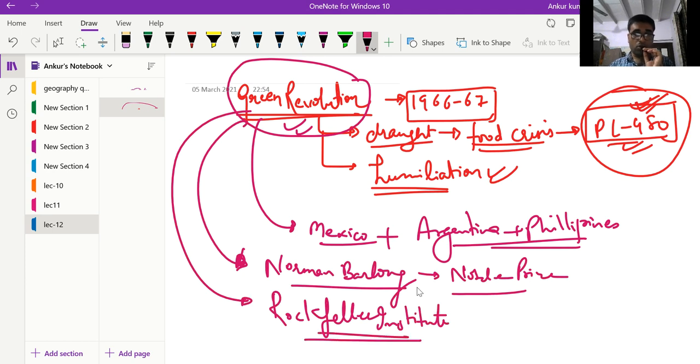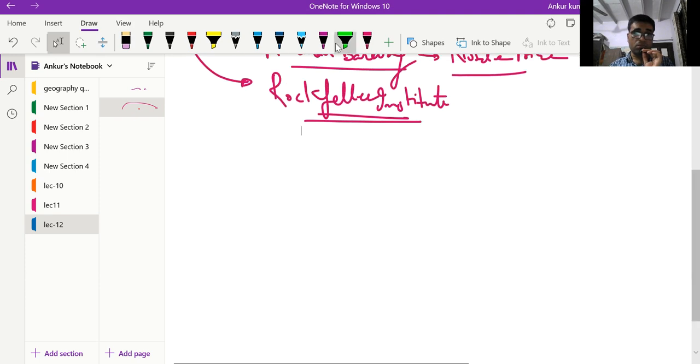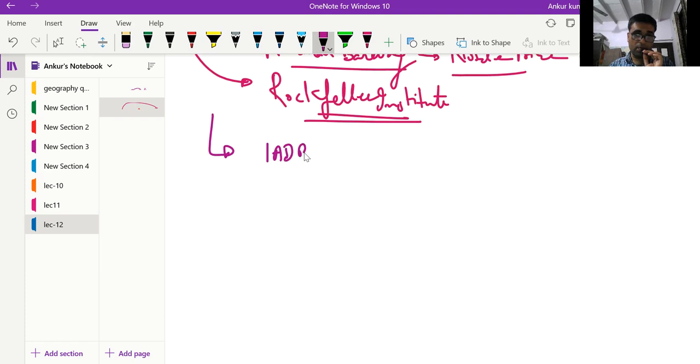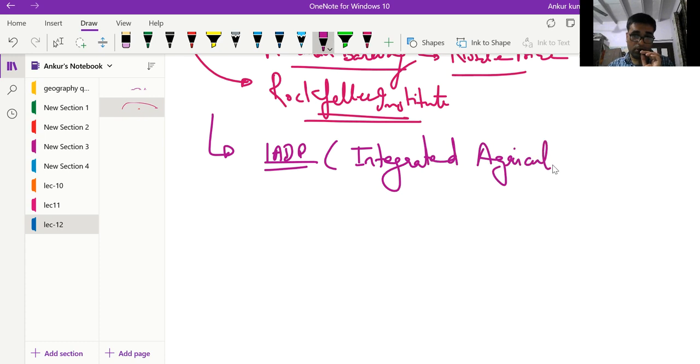In the case of India, we started the program first as the IADP, Integrated Agriculture Development Program.